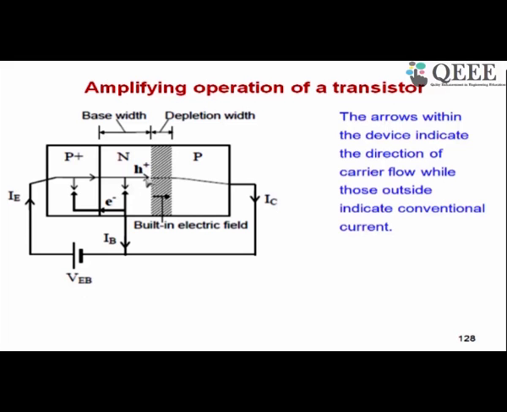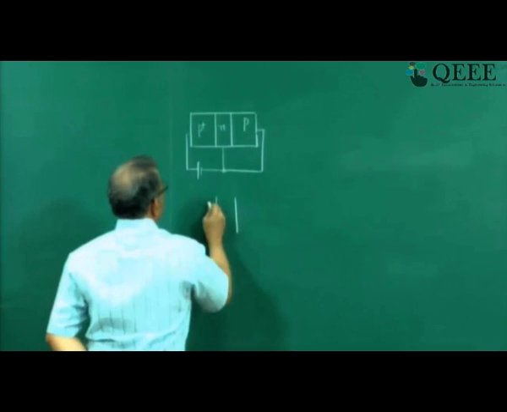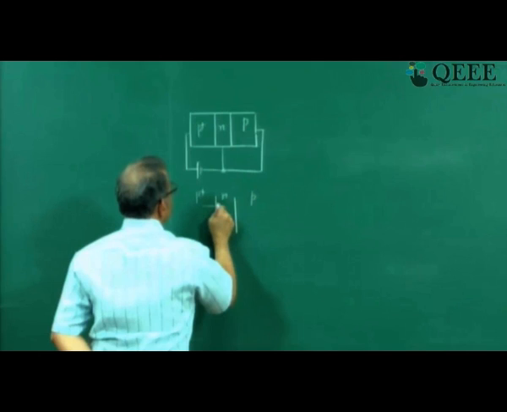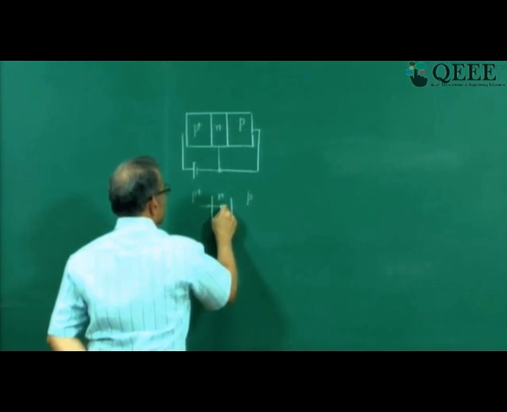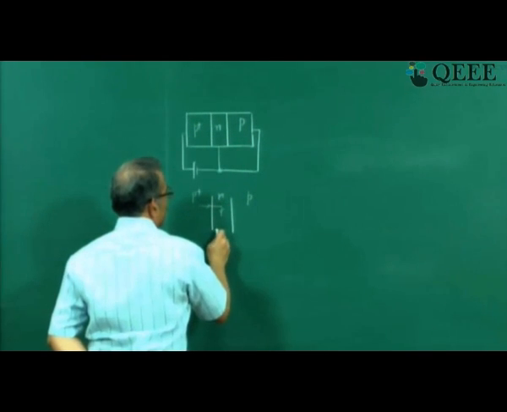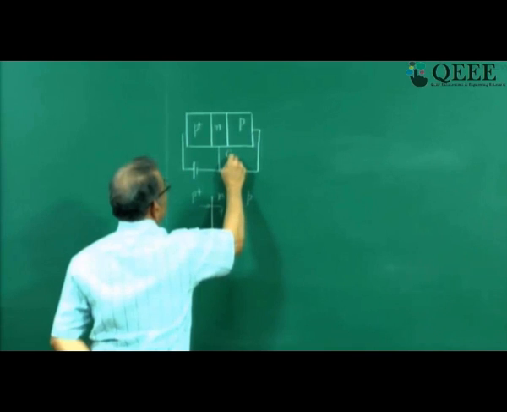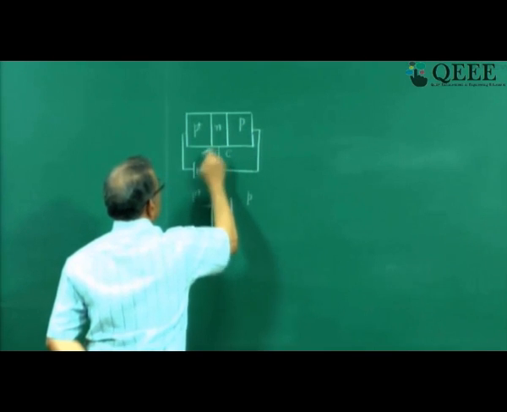So here let us show this. P plus N P, P region is injecting holes and they are recombining. If this N region is very close, this junction is called the collector junction and this is called the emitter junction.